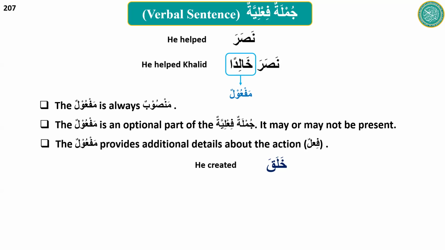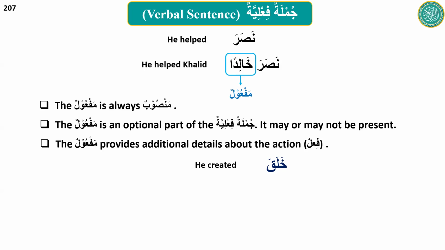No, it's not a sentence. Does it have a fail? What is the fail? Khalaqa. Does it have a fa'il in it? Yes. What is the fa'il? He. It has a fail. It has a fa'il. So why is it not a jumla then? Because it doesn't have the other parts.